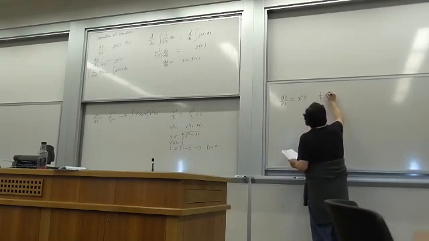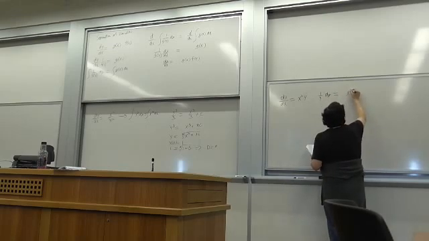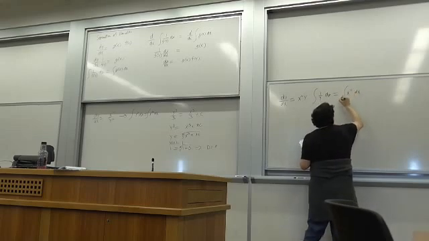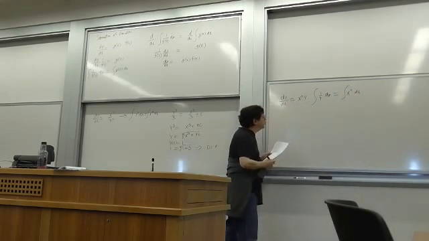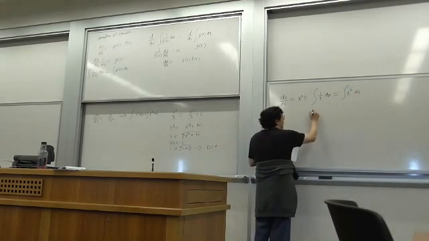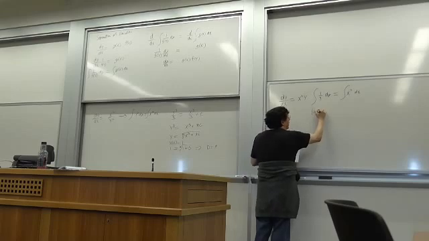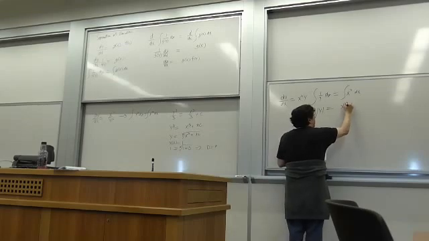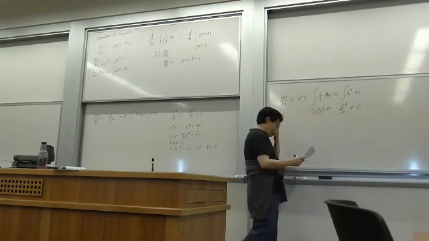We get 1 over y dy equals x squared dx. And we're going to integrate both sides. So here we have the natural log of the absolute value of y. Here we have x cubed over 3 plus a constant.